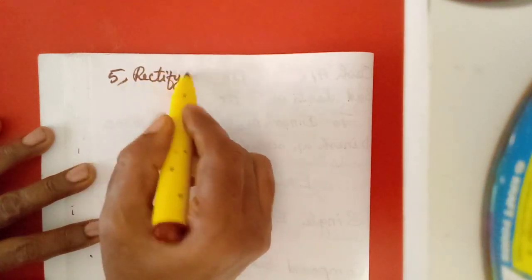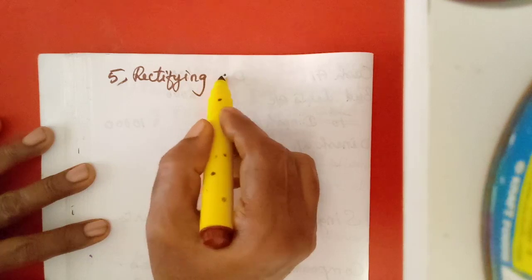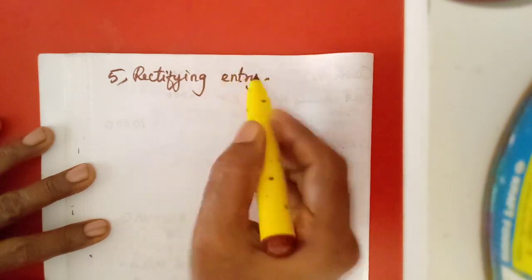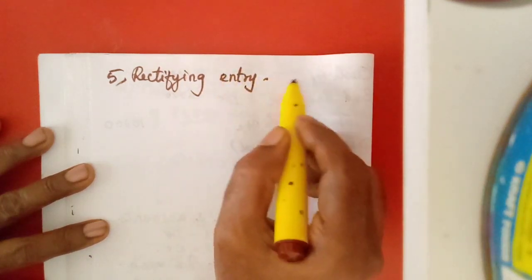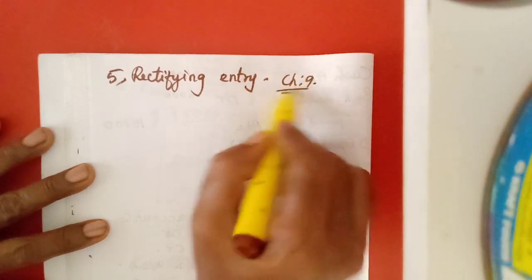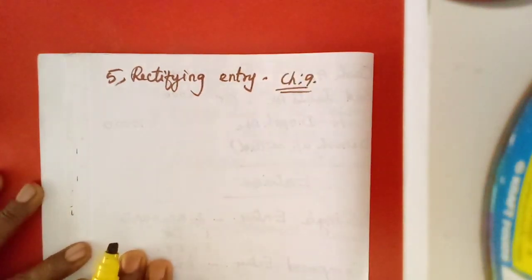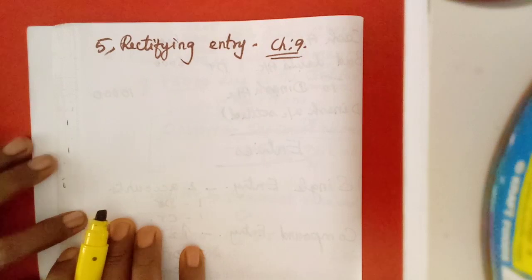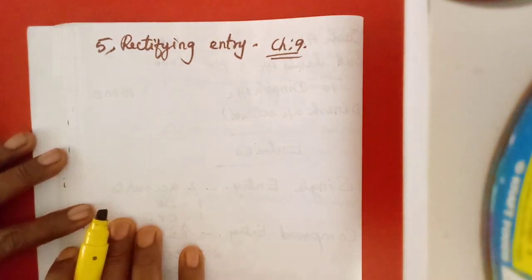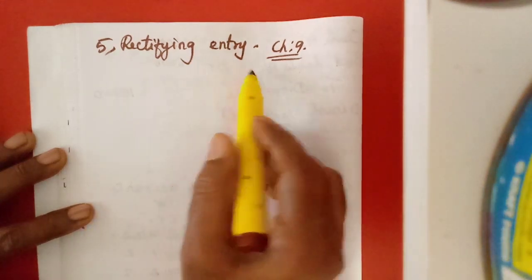The next entry, rectifying entry. Rectify means what? Rectifying error. That we are going to deal with in chapter 9, rectification of errors. If the trial balance does not tally, that means that we have made some mistakes.